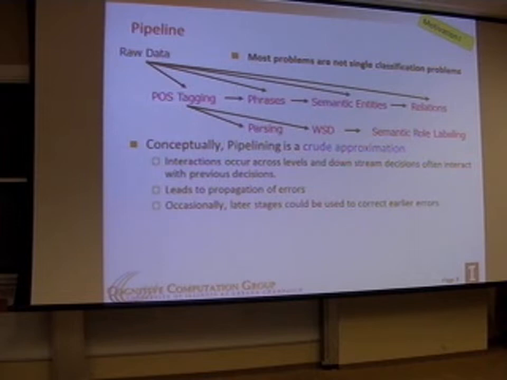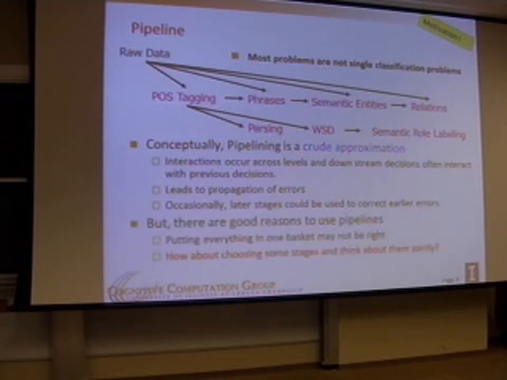Nevertheless, there are many reasons to use pipelines. Putting everything in one basket and making a global decision doesn't make sense in most cases. There are good reasons to think about pipelines. Earlier decisions could be more robust, could be simpler, and maybe are essential to support and even invent vocabulary for downstream decisions. So how can we deal with it?